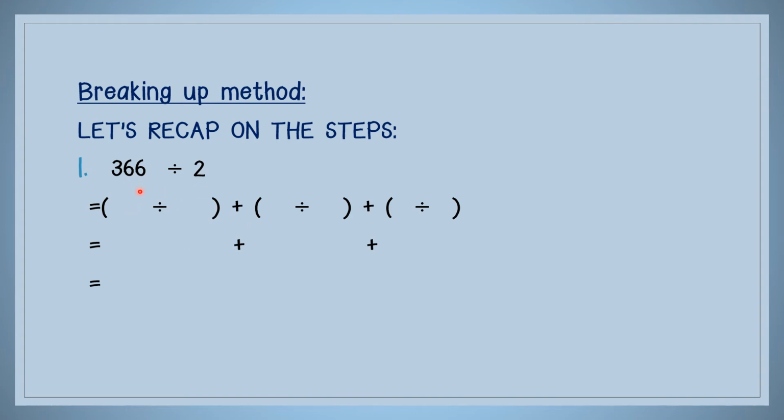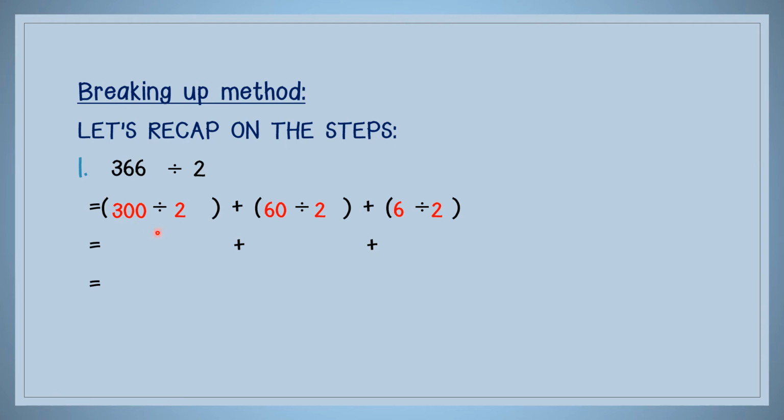So we're going to break this up, 366 into 100 tens in units. So it'll be 300 divided by 2, 60 divided by 2, and our units will be 6 divided by 2. So now let's do the second step.